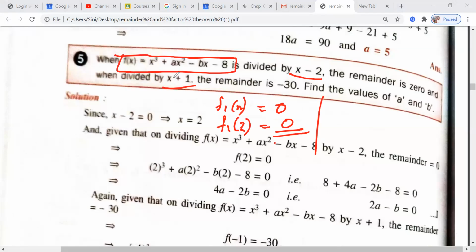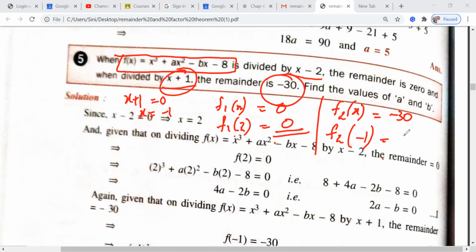Second thing, x plus 1 is equal to 0, which means x is equal to minus 1. If I am putting f2 of minus 1, I'm getting the remainder as minus 30. Correct?